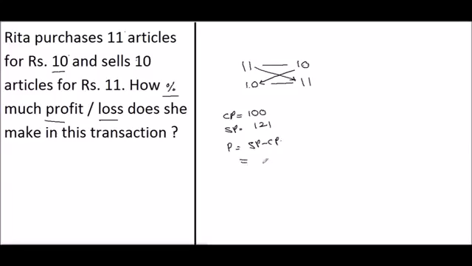Now in this case, profit is 21. In terms of the percentage, always that is upon 100, 100 in the sense cost price here. Always that is upon cost price. Now here the percentage is 21 by 100 into 100. We should get 21% profit as the right answer.